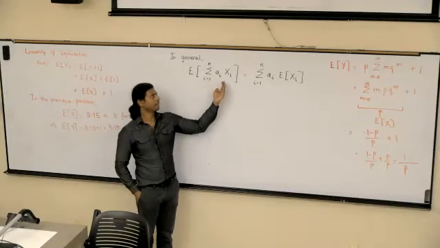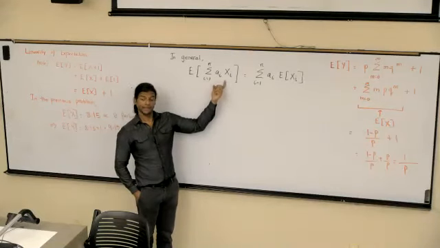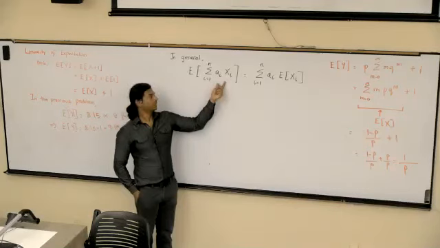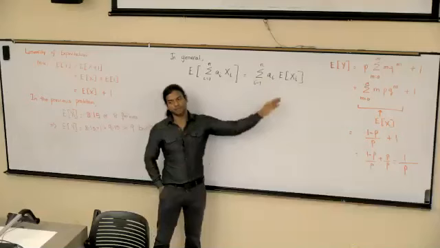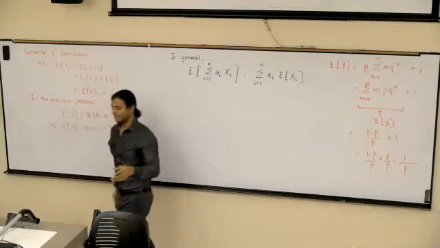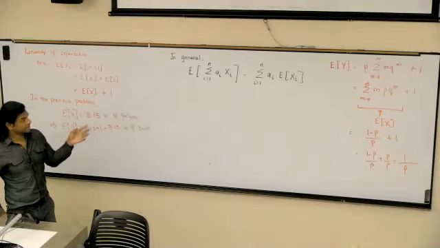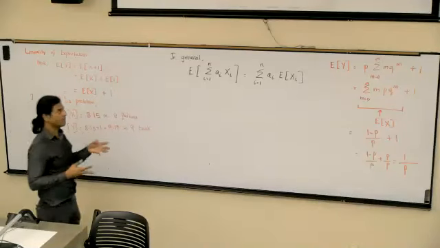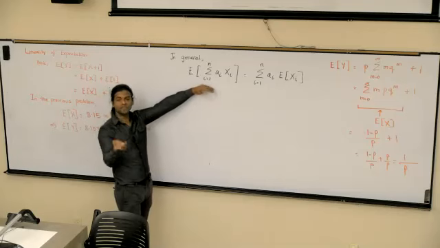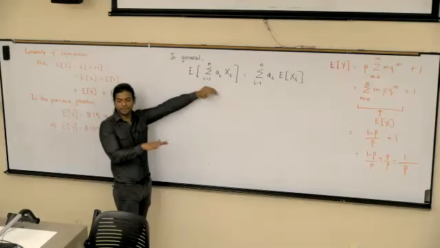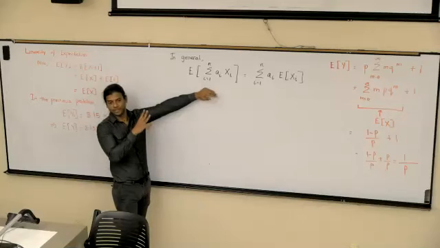You multiply that by x_i. You can pull the constant out and distribute the expectation. You may say, well, that's trivial. Why do we need this? Well, we need this when we go to transformations, sums of random variables, and such. Good? Are we clear?